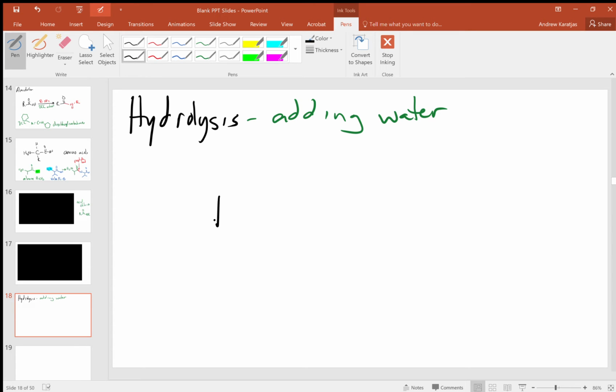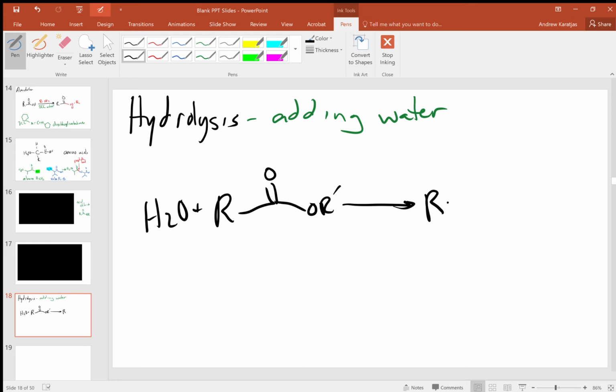And so the net reaction will look something like this. We're breaking apart that bond and basically doing the reverse of what we saw earlier.